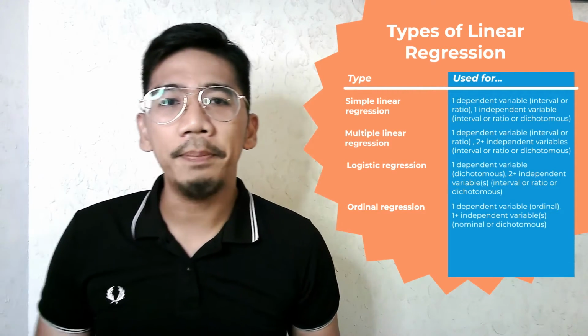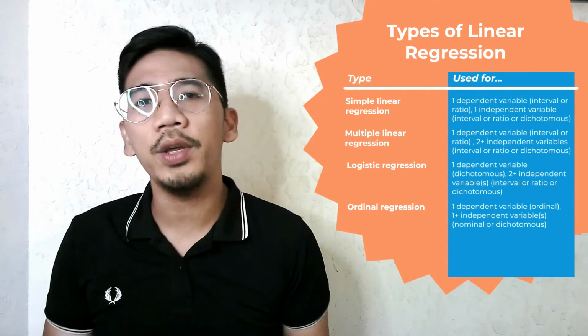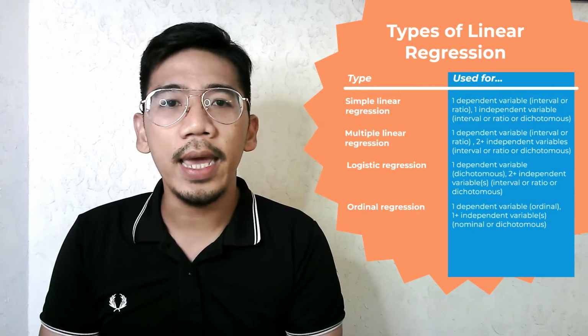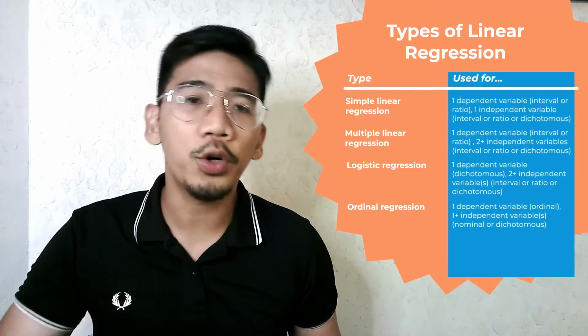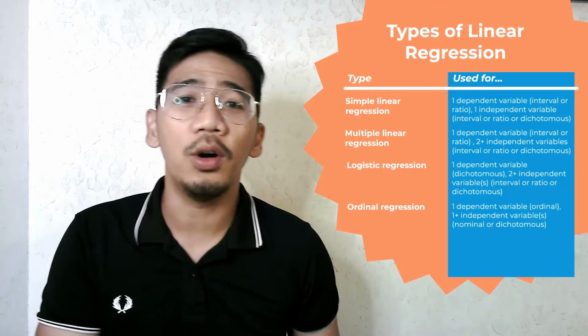The fourth type is ordinal regression, where you have one dependent variable that is ordinal and one or more independent variables that are either nominal or dichotomous.